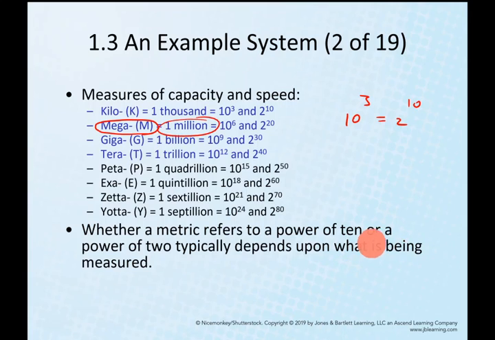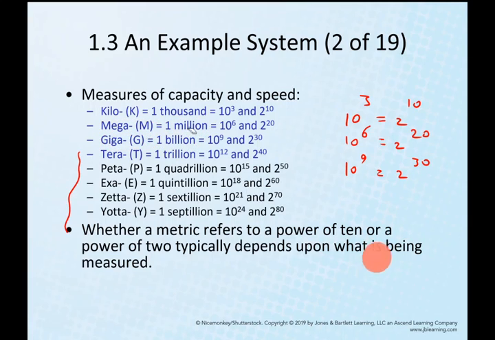Mega is 1 million, and it is 10 to the power of 6 or 2 to the power of 20. Why do I talk about 2? Because 2 is the most important base in computer systems. Then we have giga, which is 1 billion, equivalent to 10 to the power of 9 or 2 to the power of 30, and we can continue.